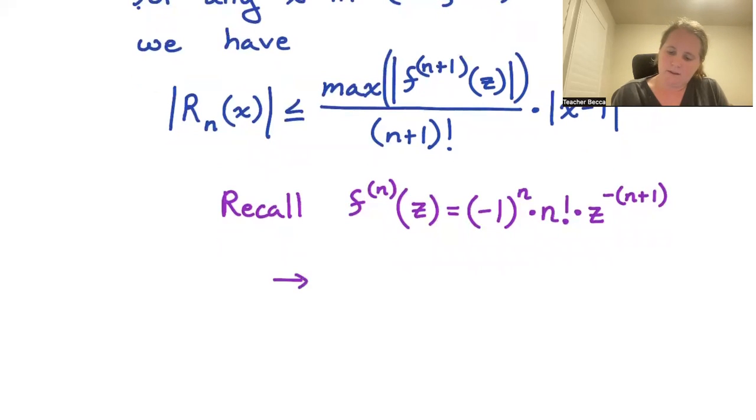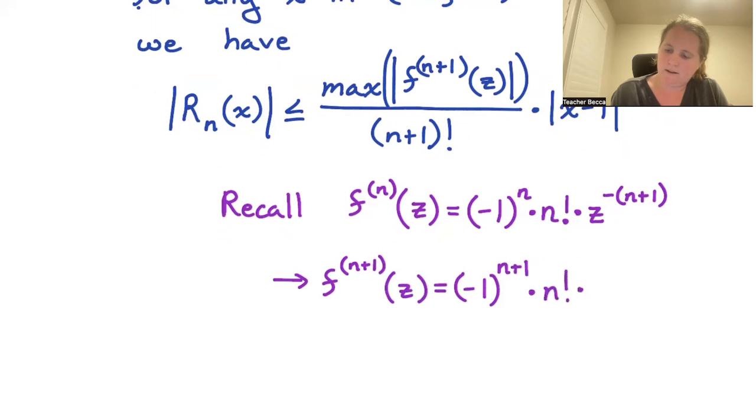So the n plus first derivative evaluated at z should be negative 1 to the n plus 1 times n plus 1 factorial times z raised to the negative n plus 2. When we plug in n, that should be an n plus 1 factorial, not an n factorial.